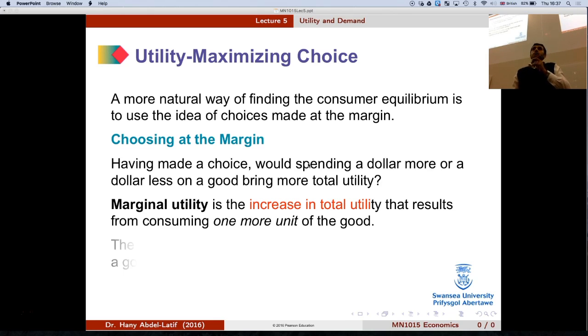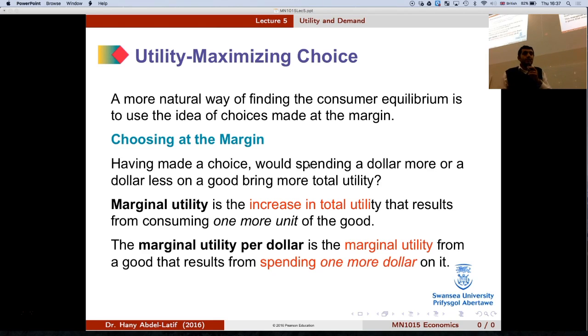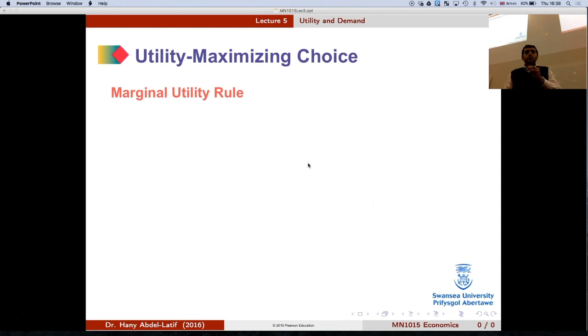But we could look at the marginal utility per dollar, which is the marginal utility from a good that results from spending one more dollar. So when you spend one more dollar, how does this change the marginal utility? And we can follow the marginal utility rule.